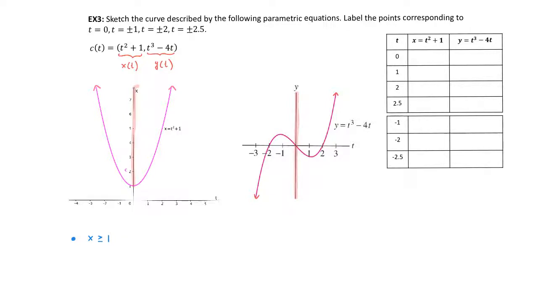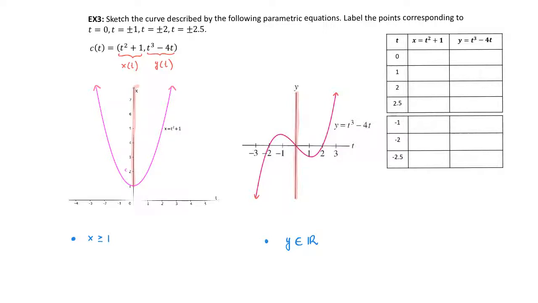So what I will take a note of is that y pretty much can be any real number that you can think about. So fantastic. The domain of the graph will consist of all x values greater or equal than 1, and the range of my graph or my curve will consist of every single real number. It's going to be infinite in both directions.